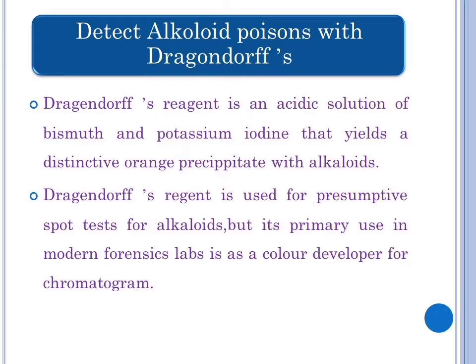Forensic chemists during the 19th and early 20th centuries devoted considerable effort to develop reagents that could detect alkaloids at very low concentrations. Many of these reagents are general alkaloid reagents, providing positive results with many or most alkaloids. Others were used to differentiate specific alkaloids.